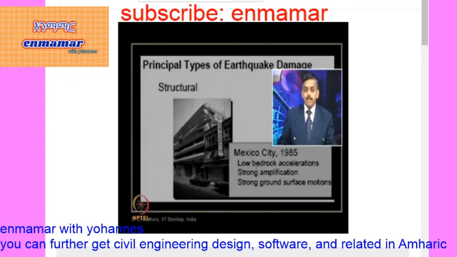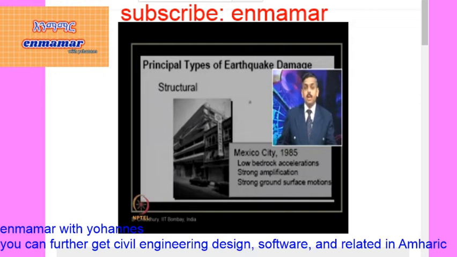But in this case, the local soil condition amplifies, which is known as strong amplification. That is, these small accelerations get increased or amplified when they reach the ground surface, and because of that, the high value of seismic acceleration makes the structures collapse.